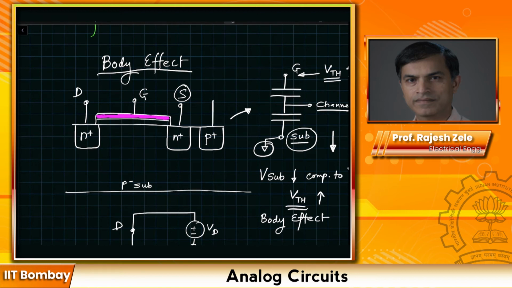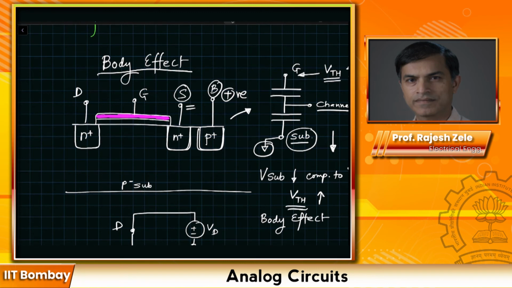If I make this bulk potential positive compared to source potential, what will happen? You can quickly see that we have a P plus and here is a N plus. So there is a diode between bulk and source.